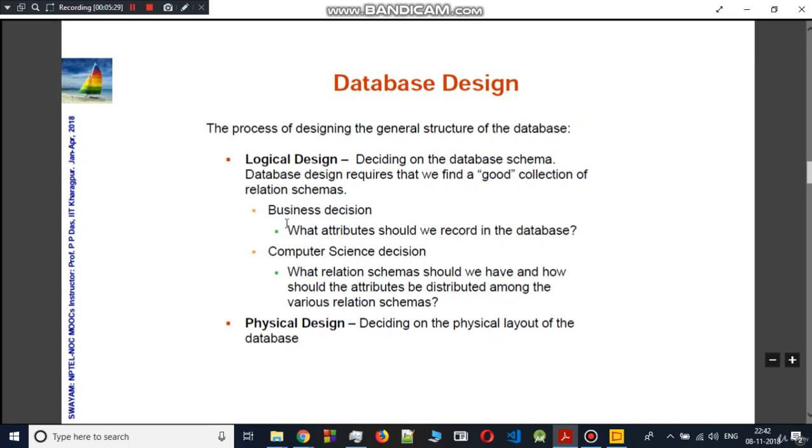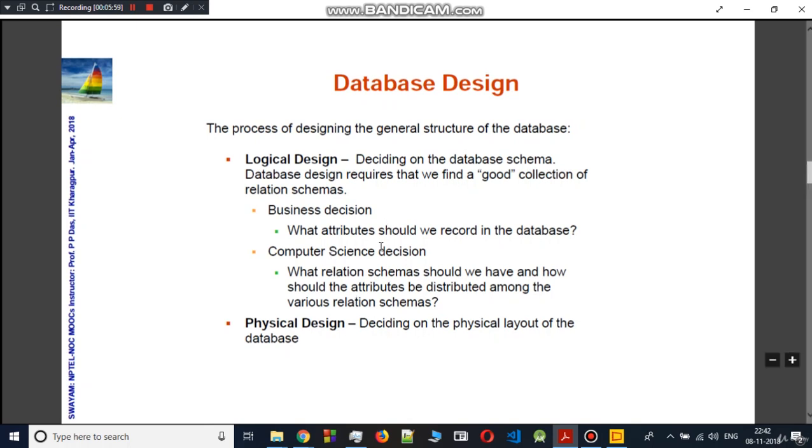Business decision means, for example, we have declared an ID, and the ID is of some type, and our name is of type string. We have to decide these things, so this comes under business decision. Computer science decision means what relation schemas we should have and how the attributes are distributed among the various relation schemas.